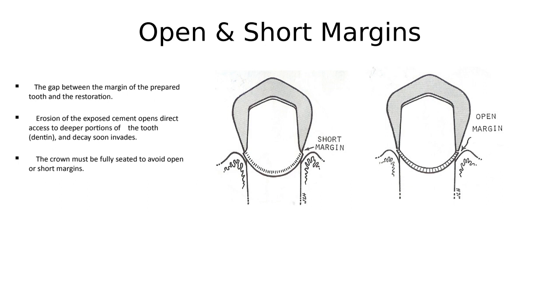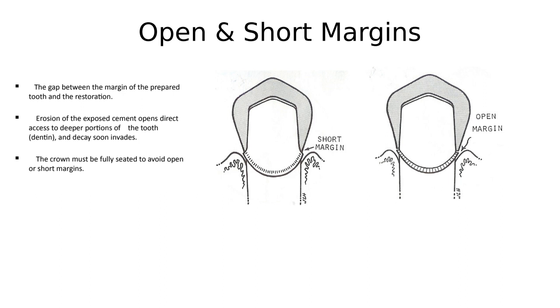And why is it important not to have that, and we go through all this trouble to have the restoration margins match the prep margins? Because we want to seal that margin, right?